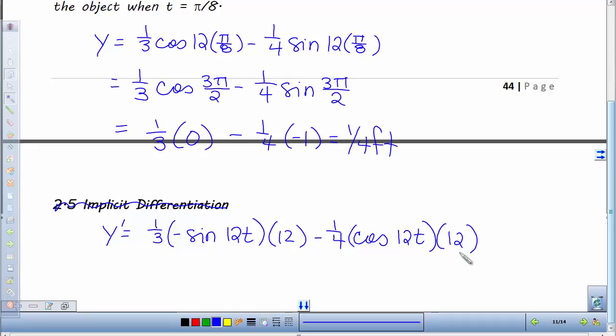We can clean this up a little bit. 1/3 times 12 is 4, and with this negative sign I get negative 4 sine 12t minus 3 cosine 12t.